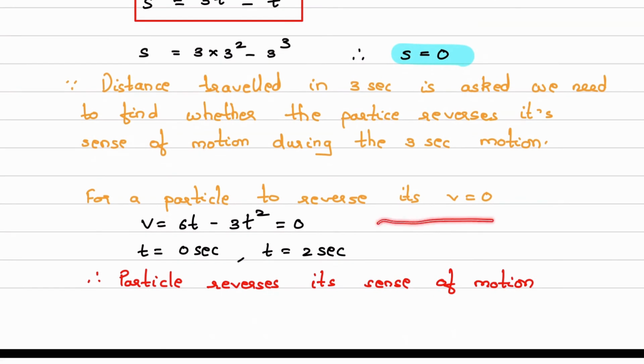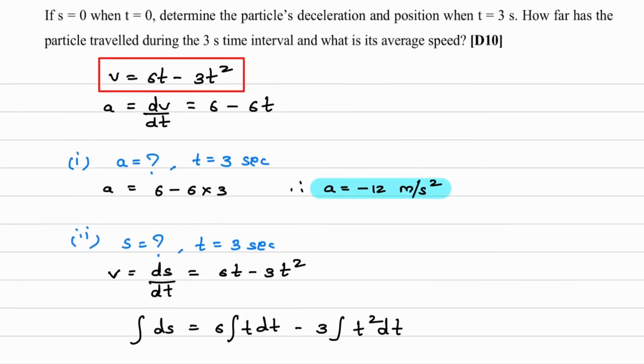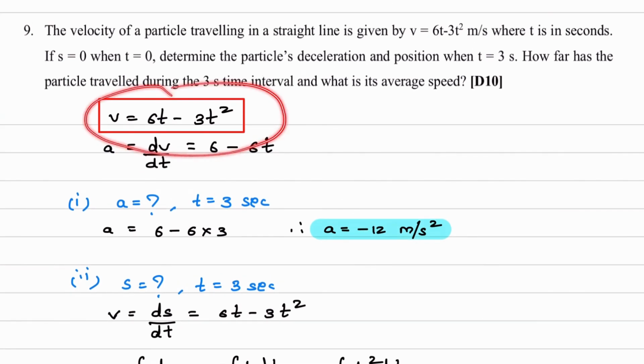It will travel in this direction, and velocity will become 0. At that instant we can find the time period at which the particle has reversed its sense of motion. So we took this velocity equation and substituted the value of velocity as 0.